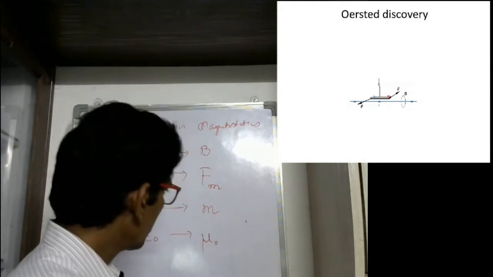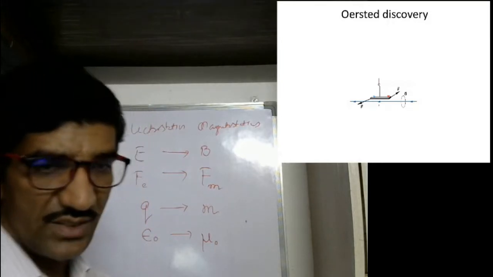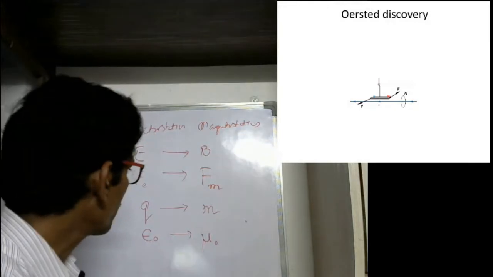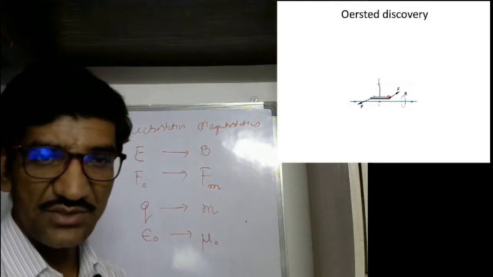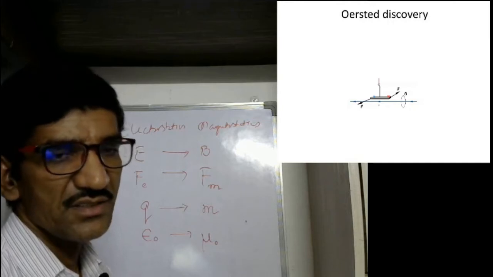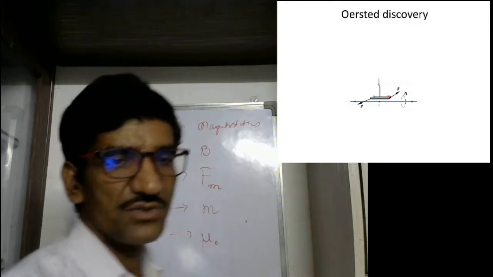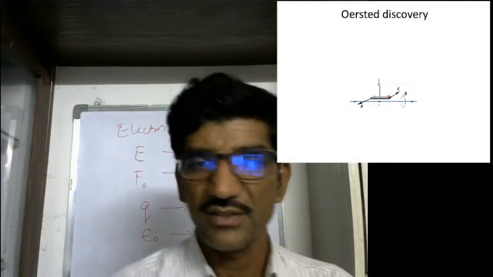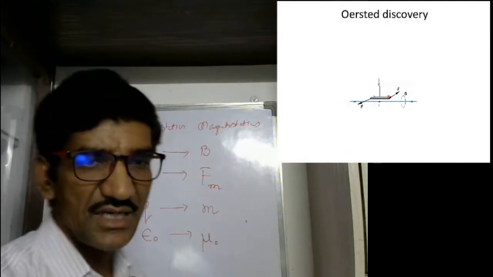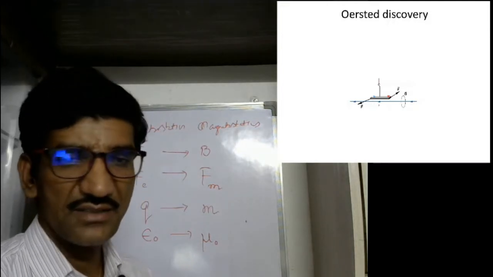So here you have some quantities corresponding to the quantities that are there in electrostatics. What are the most common things? Force and field. In electrostatics you have electrostatic force. In magnetostatics you have magnetic force. In electrostatics you have electric field intensity or electric field strength.